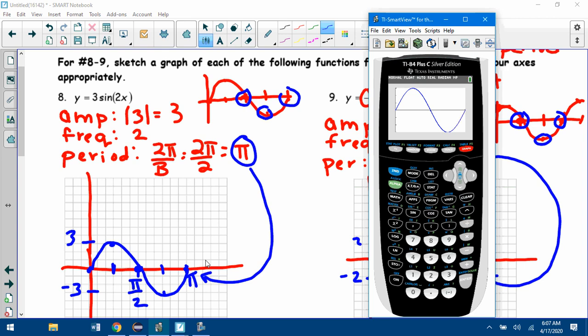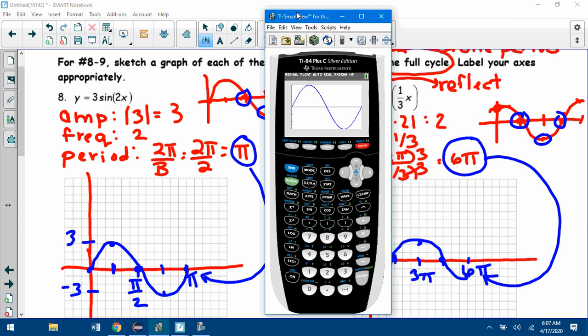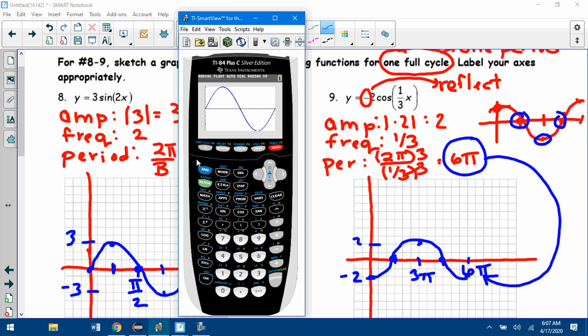And they'll remind you if you need to reflect. This one wasn't reflected. So what would you do for this one? Same idea. Go to y equals, plug in the equation. It's going to be -2 cosine of 1/3 x. Make the window go from 0 to what? 6 pi.